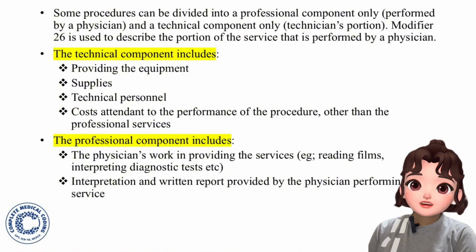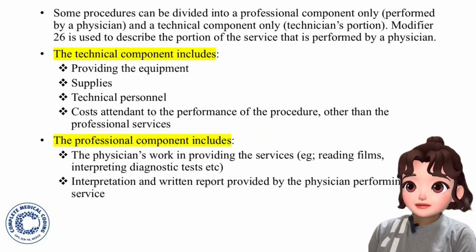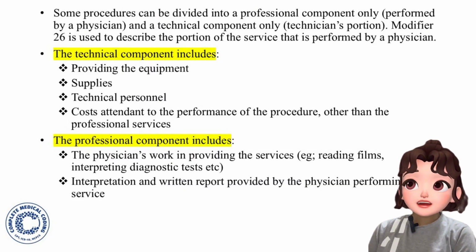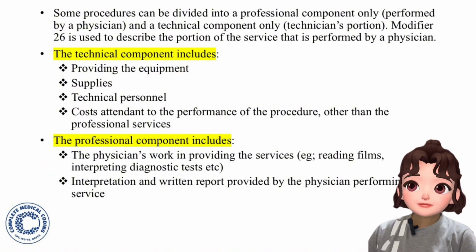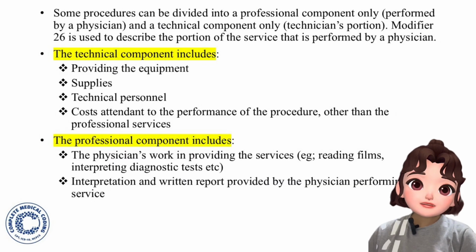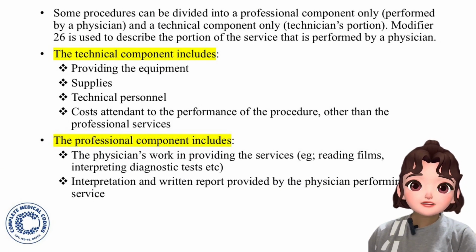And how about the professional component? The professional component includes the physician's work in providing the services, for example, reading films, interpreting diagnostic tests, etc. Or if the physician is carrying out a radiology procedure.